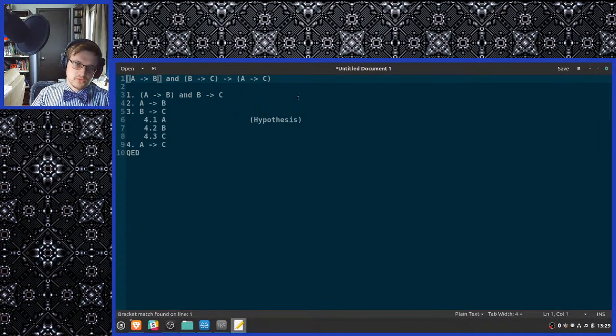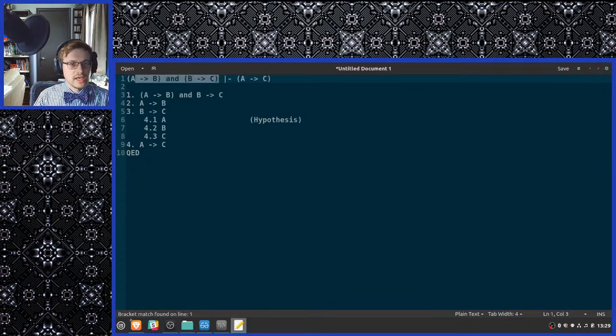Properly, if you wanted to use proper logical form, you'd have the turnstile character here. What I'm saying is that when you have a top level implication, that's the same as doing a turnstile here.